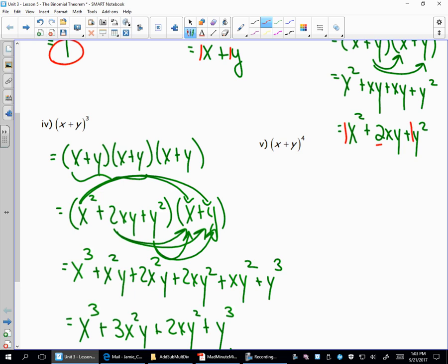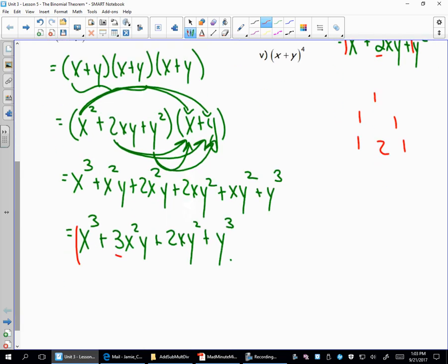So if you notice, so far we have a 1, and then a 1 and a 1, and then a 1, a 2, and a 1. And in our most recent one, we have a 1, a 3, oh, there's a typo, a 3, and a 1. In other words, we have Pascal's triangle.